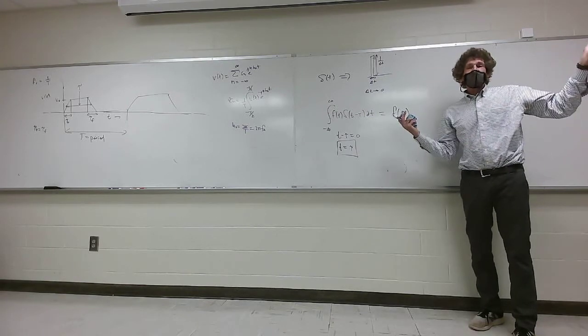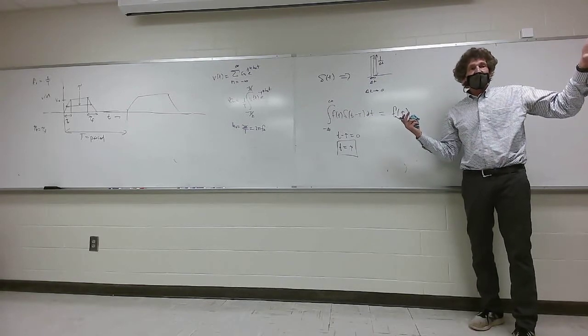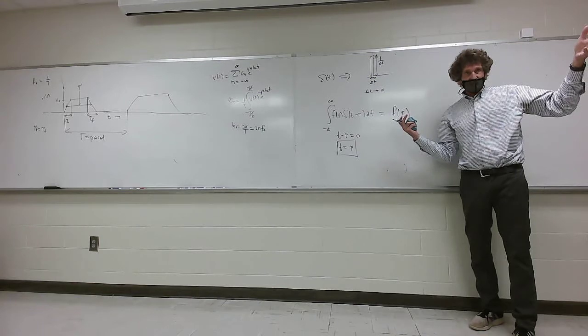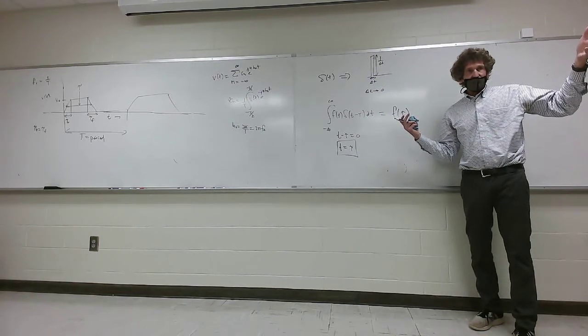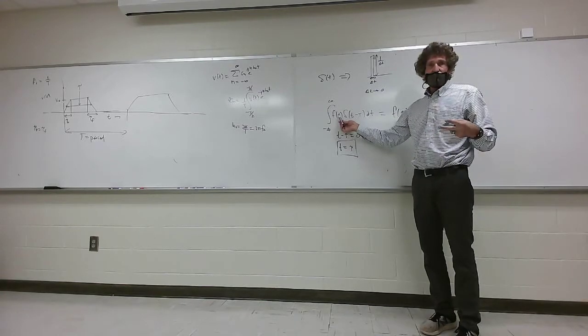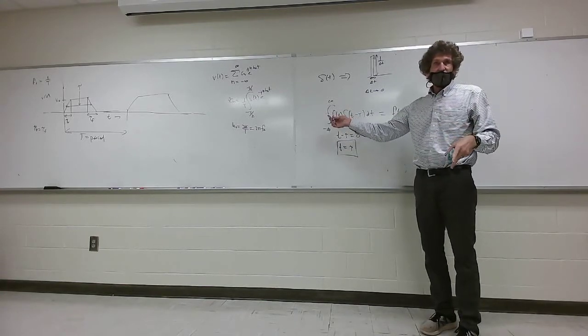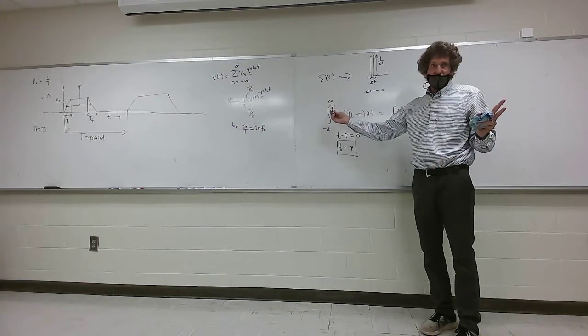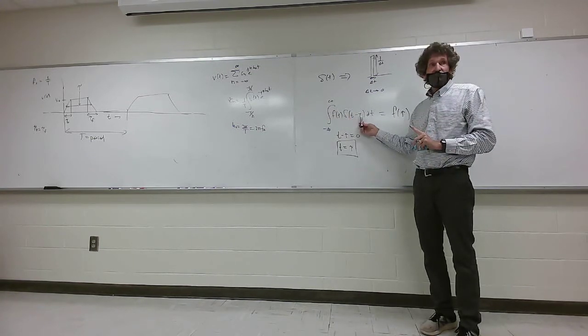It was the greatest thing, because they'll try to trick you on some of these tests, especially when you get to your senior level courses. They'll have something like a cosine of omega t times e to the minus alpha t times 1 minus t to the 9th, something crazy like this, times the delta function, delta t.